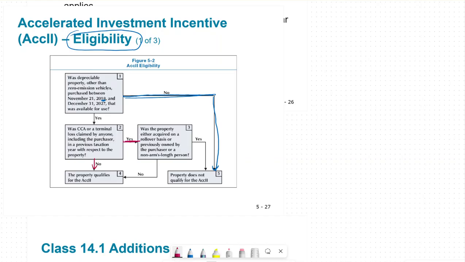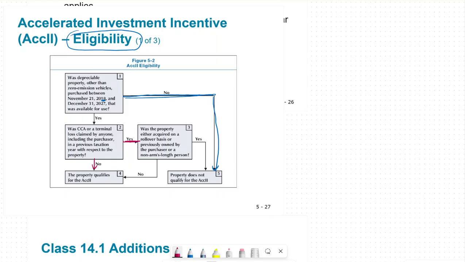So does this property qualify for the accelerated investment incentive? If you had a CCA or a terminal loss claimed, and then you go here, then the rollover applies to previously owned purchases, and you could go from yes to does not qualify.